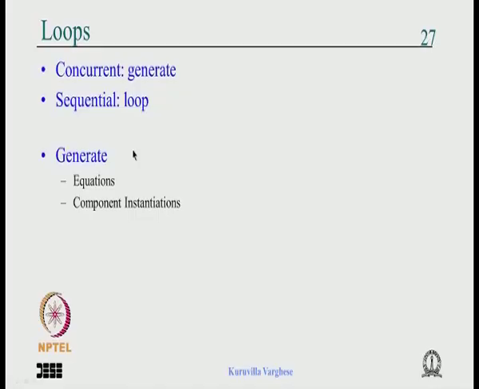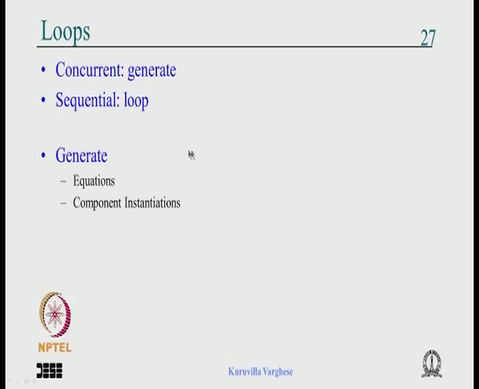We have seen an example of case when with a 1 to 4 demultiplexer. What remains are the loops, the concurrent statement and the sequential statement. So let us look at the loop part of VHDL. Let us move on to the slide.